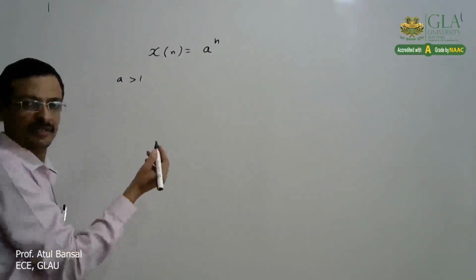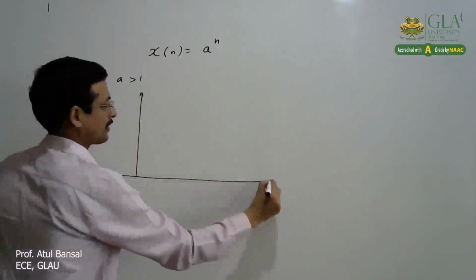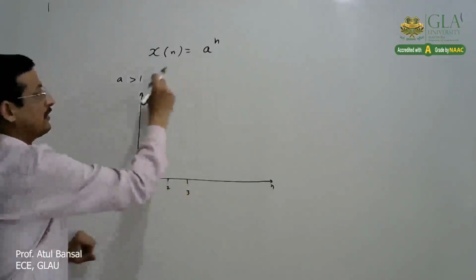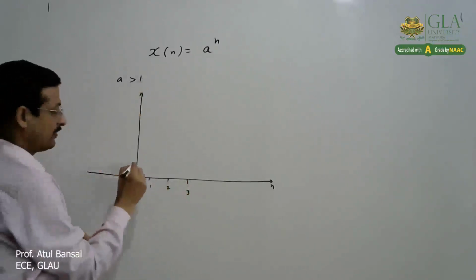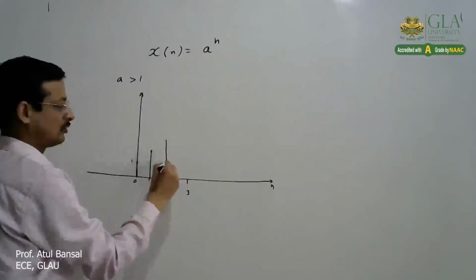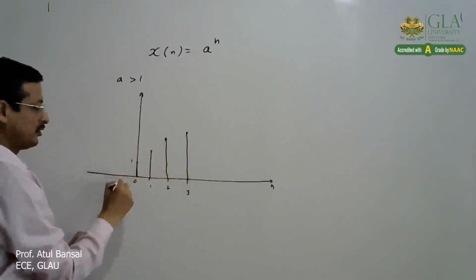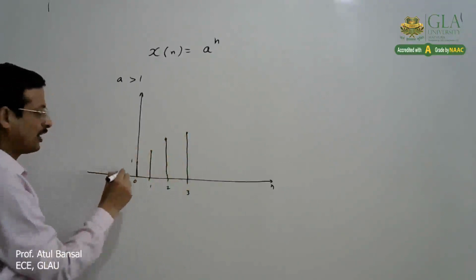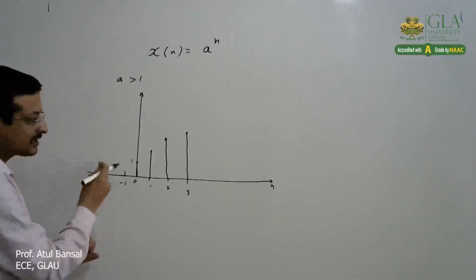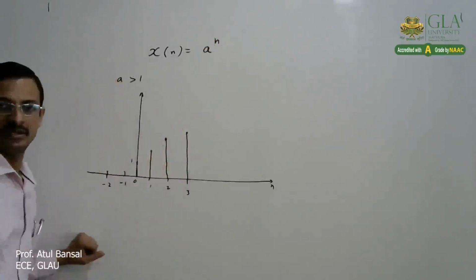If we draw it and see mathematically, suppose a is 2, then 2 raised to power 0 is 1, 2 raised to power 1 is 2, 2 raised to power 2 is 4, 2 raised to power 3 is 8, like that. 2 raised to power minus 1 is 1 by 2, 0.5, 2 raised to power minus 2 is 0.25. So like that, this will be an exponentially growing signal when a is greater than 1.